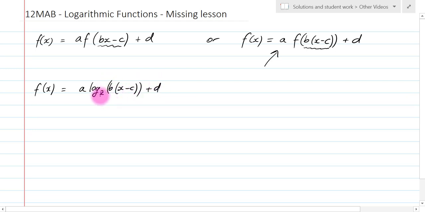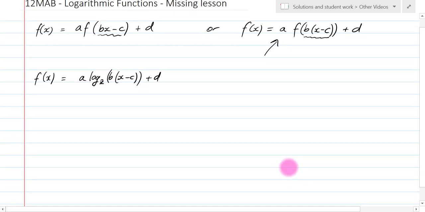I've chosen z as our base, but we'll probably head towards having a base of e in most situations. And z could be any number, and z really is inconsequential for this part of the lesson. I just want to show you how the b is not really important, and we'll probably stick with the a, c and d as our standard transformations. We don't have to worry about that transformation b.